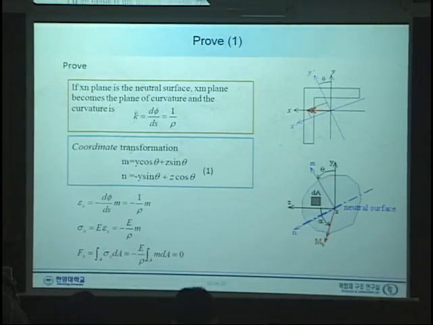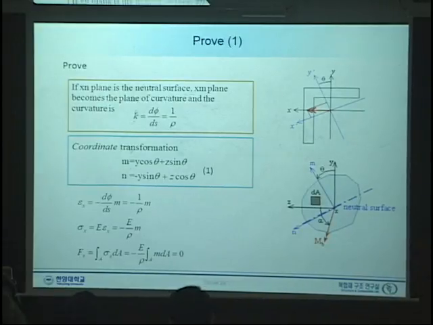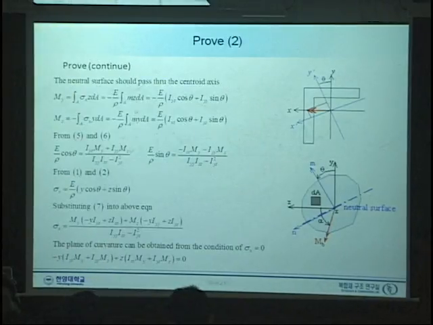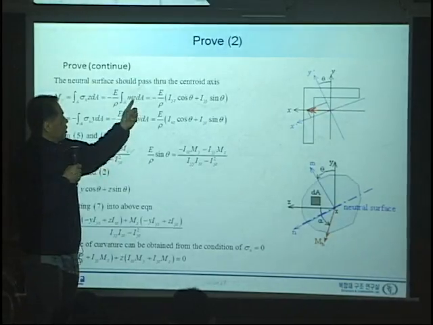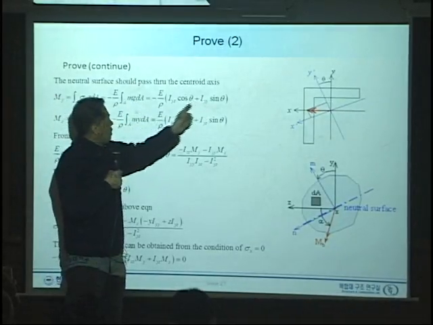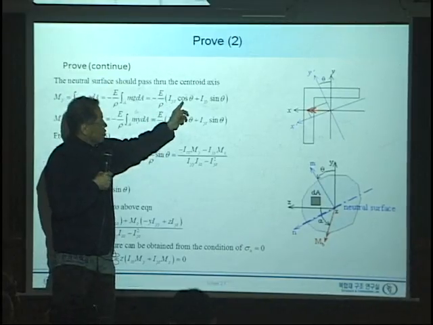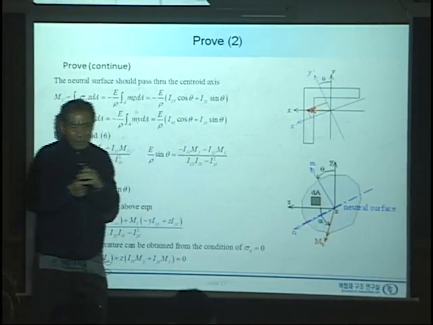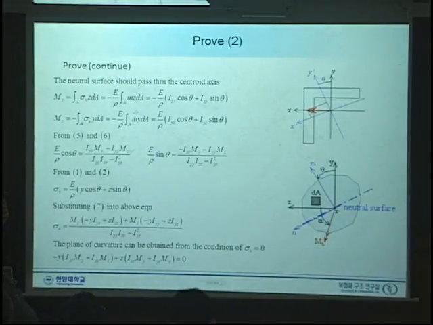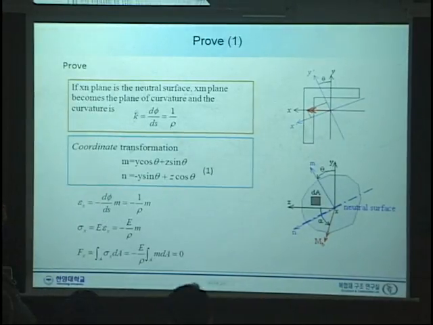This one, coordinate transformation. So instead of m, instead of n, we substitute this yz relation to here. So y and z. So zz gives us yy, and yz gives us iyz.